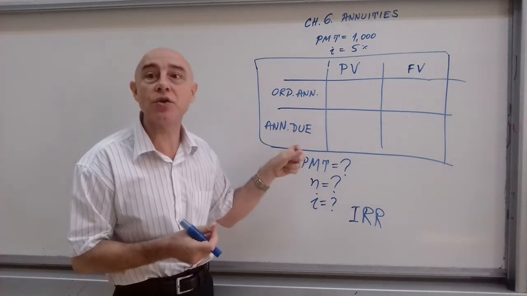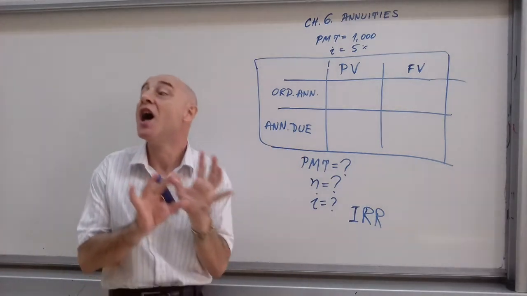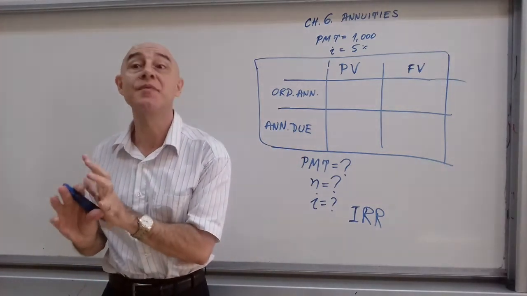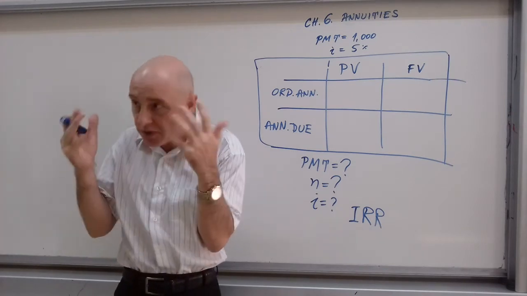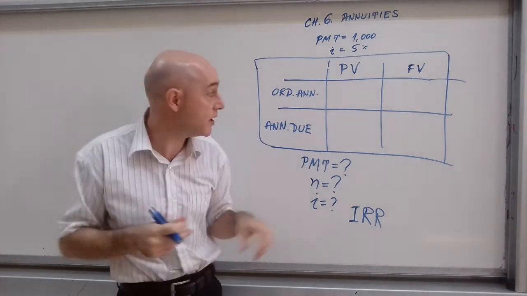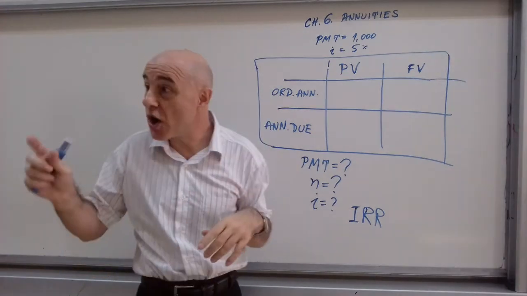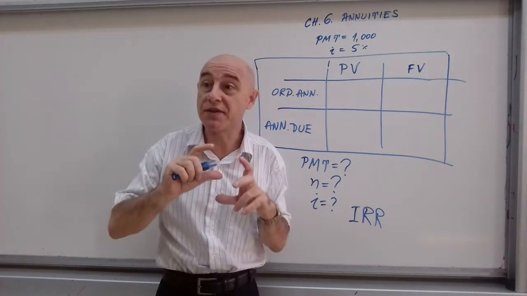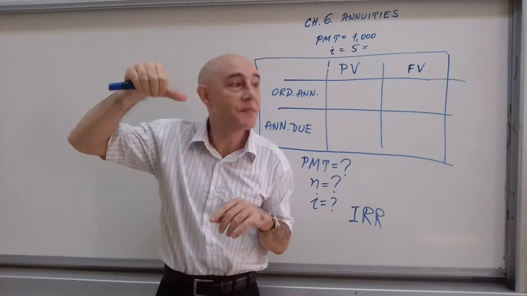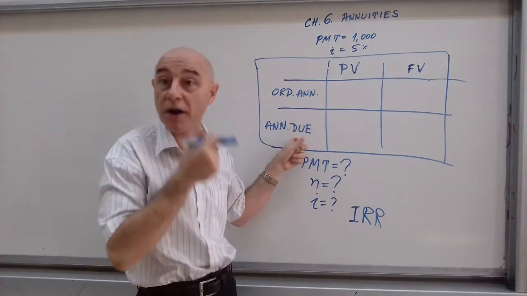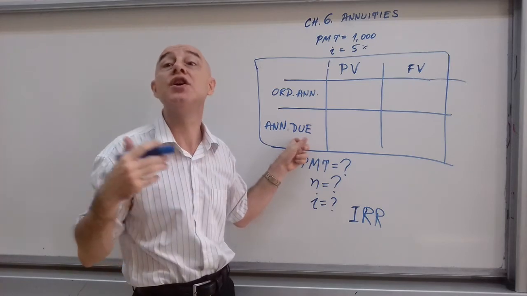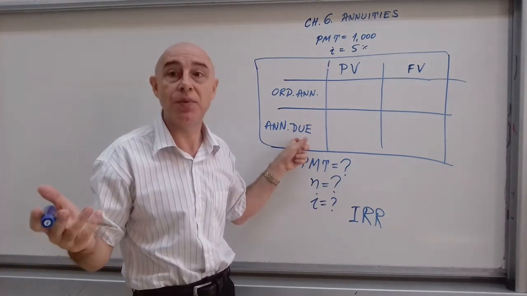Because usually calculators will remember the last value from the last problem, okay? That's how they work, okay? If you're using some kind of a software, maybe it will have a drop down, and the drop down will say ordinary annuity or annuity due. You have to be sure about that part, okay?